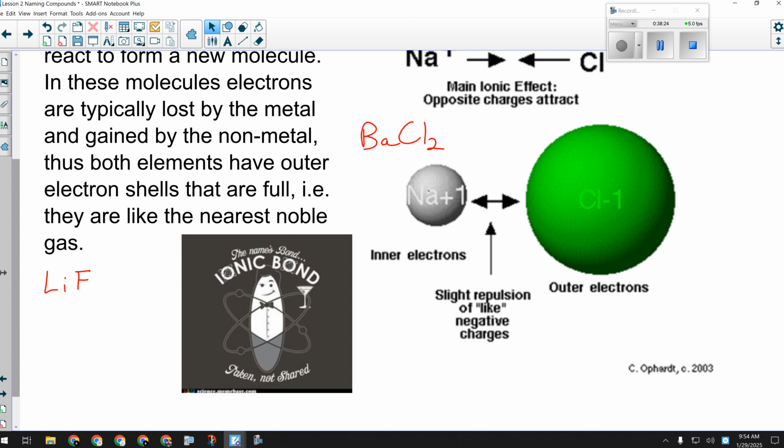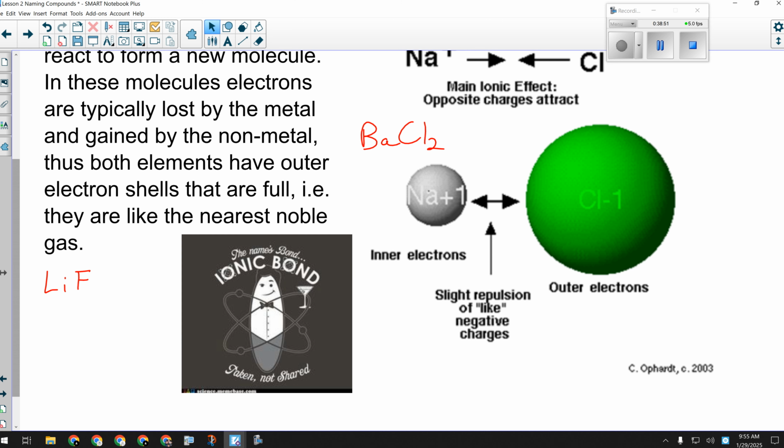In an ionic compound, you do not put prefixes in. This is the only way that barium and chlorine can go together. Barium has 2 electrons it needs to give up. Chlorine can only take 1 each. That's why there are 2 chlorines there. It needs 2 chlorines to make homes for the 2 electrons that it needs to give up. That is the only way that those 2 things can go together.